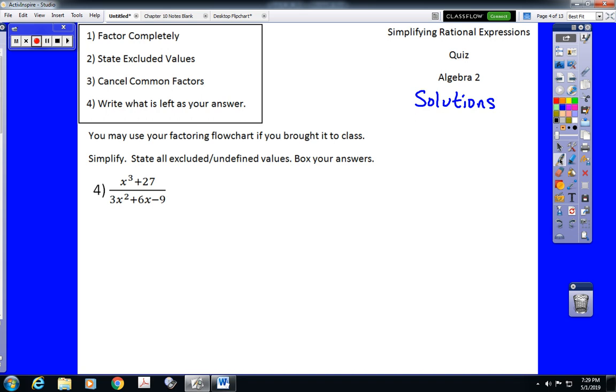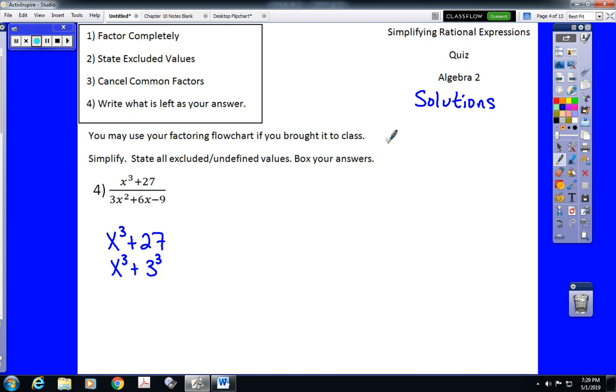So, number 4 is the first one where we see some truly exotic factoring. The numerator is a binomial that fits our description for the sum of two perfect cubes. 27 can be written as 3 cubed.